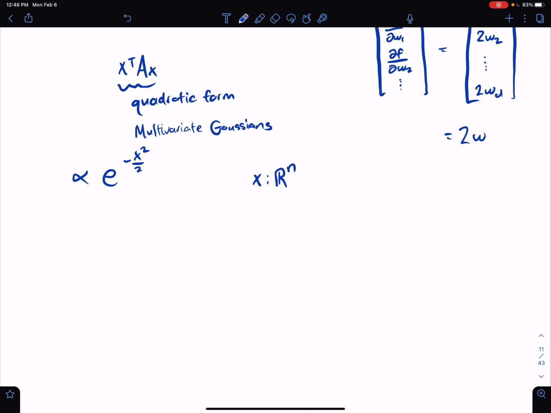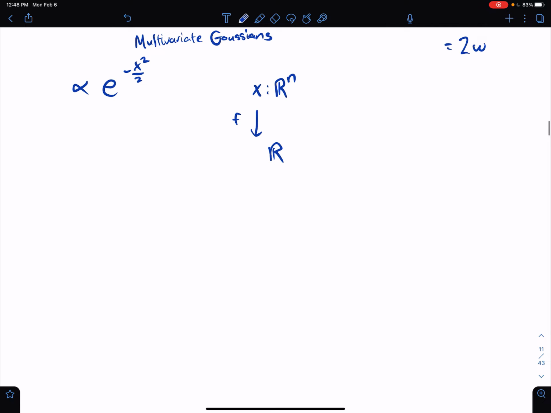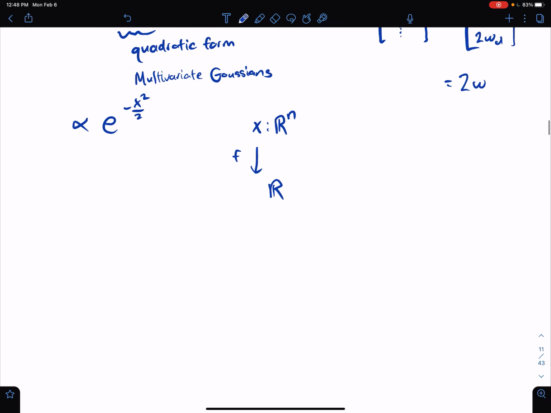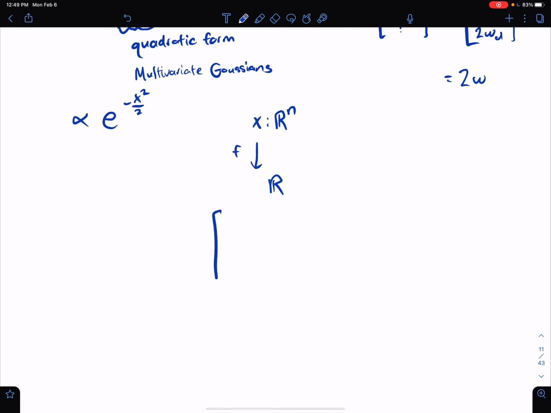This function, called f of x, is mapping this x to an element in R. And when you see a matrix expression, it can generally be really helpful to write it out in a small case first. So let's do a two-dimensional case. So we have A11, A12, A21, A22.